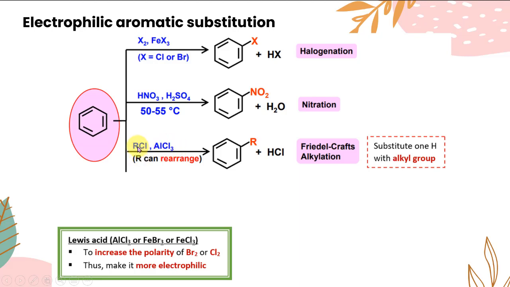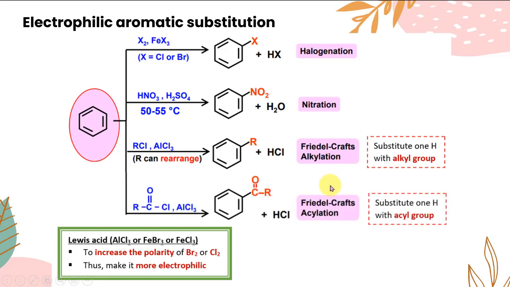For this alkyl group, rearrangement can occur, either a 1,2 hydride shift or a 1,2 methanide shift, in order to get a more stable carbocation. So rearrangement is possible for alkylation. One of the hydrogens is replaced with the alkyl group from your haloalkane, and of course the side product will be HCl.